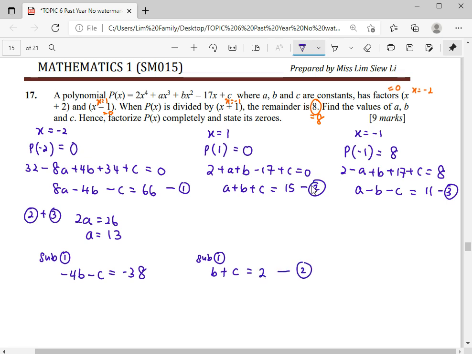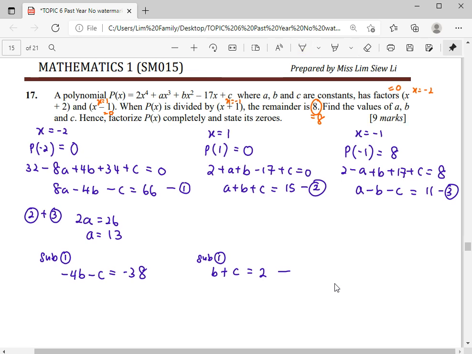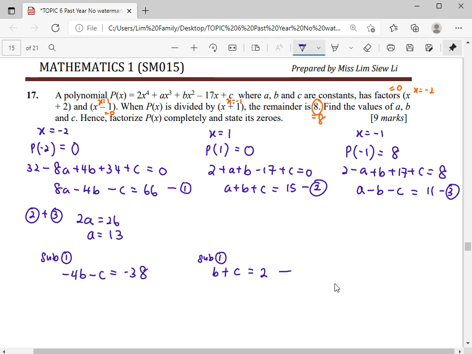So we can see we now have two equations involving BC which are different, where we can eliminate C. When we eliminate C, we get B, then automatically we substitute B, we can get C. So this is our equation 4. This is our equation 5.